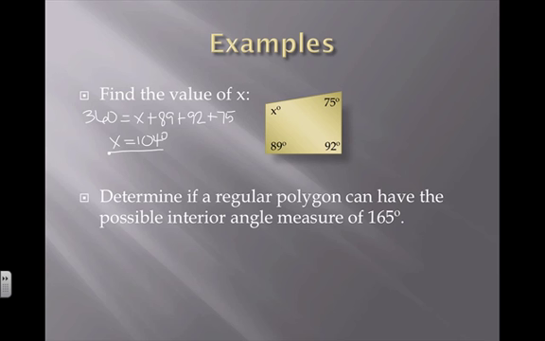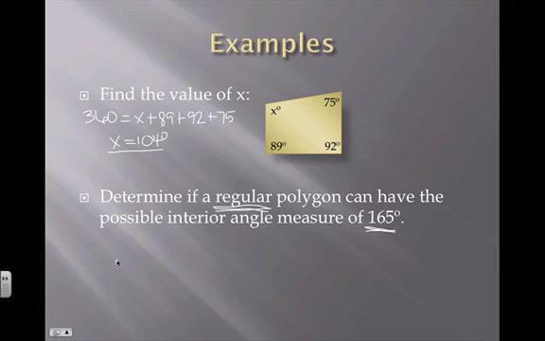We have to determine if a regular polygon can have the possible interior angle measure of 165 degrees. So since it's regular, we're given the information right here that it's a regular polygon. That means that all of our interior angles are the same. So that means every single interior angle will have 165 degrees. So is there, in fact, a regular polygon that can have this measure?